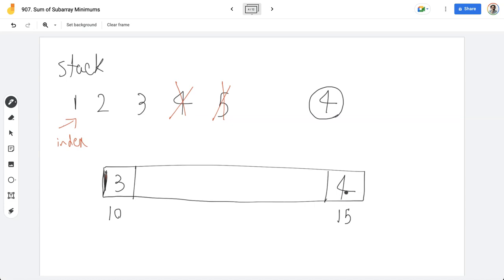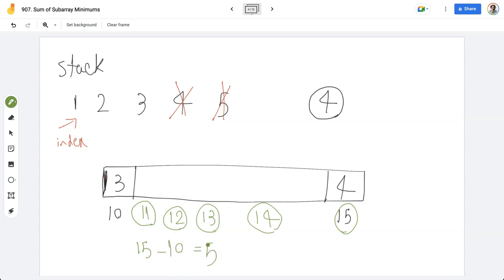So how many options do we have for the left side of 4? Let's count them. So it's going to be 11, 12, 13, 14, and also 15. So 5 of them. So it's going to be 15 minus 10, which is going to be 5.